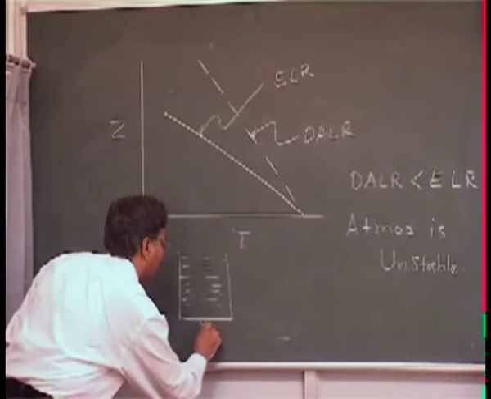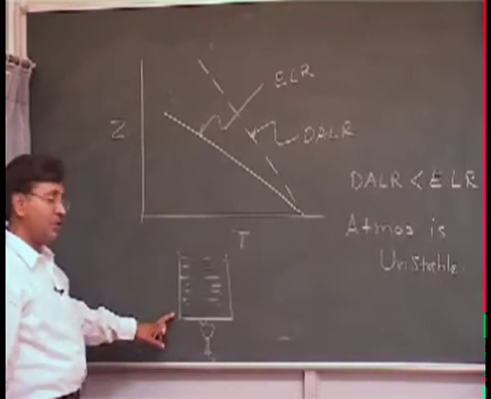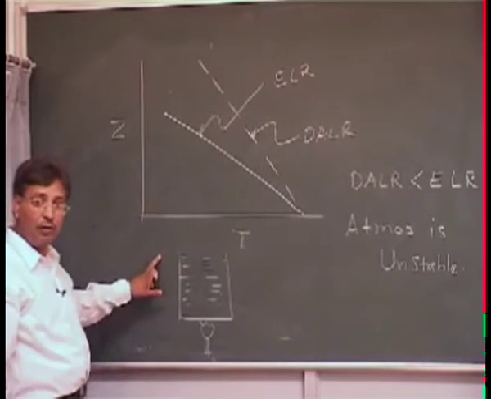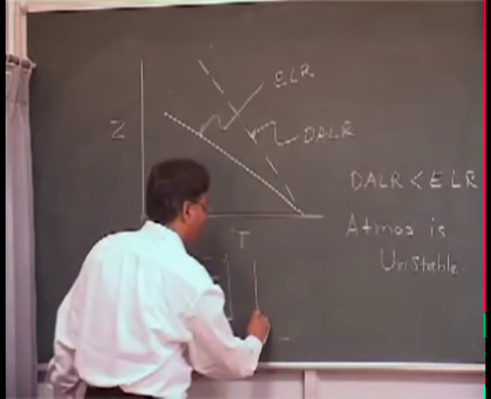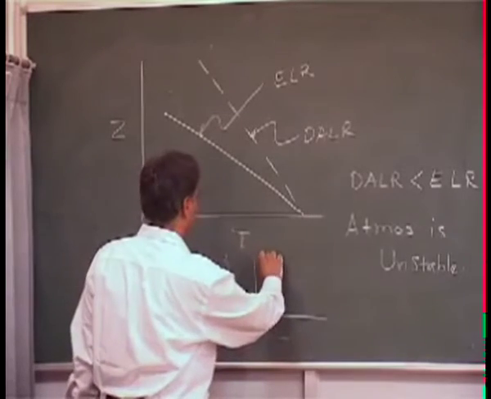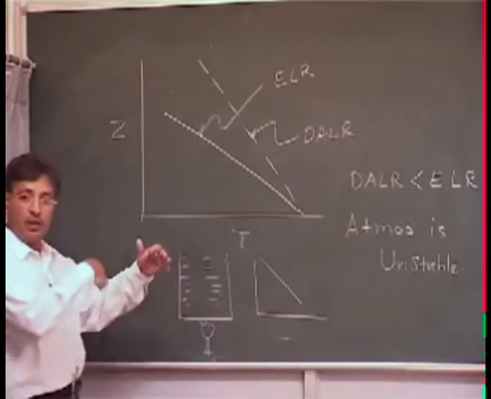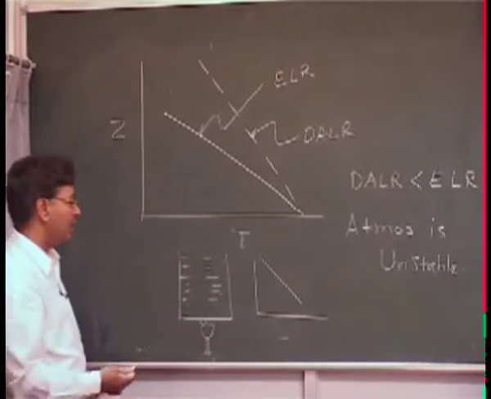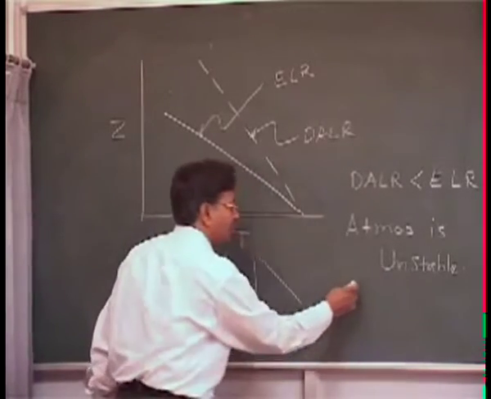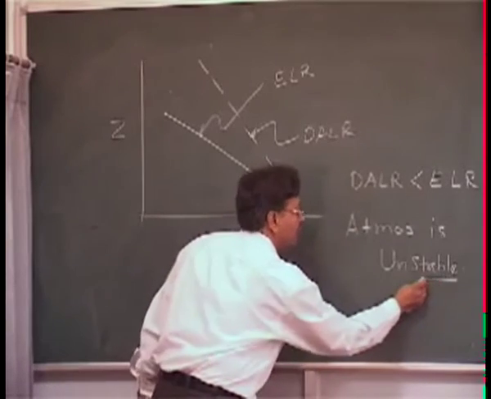This is my burner. So obviously the temperature will be higher here and lower here, and I will get a profile something like this. Then you will see there will be convections, there will be turbulence and things going up and down, and that's why we call this atmosphere unstable.